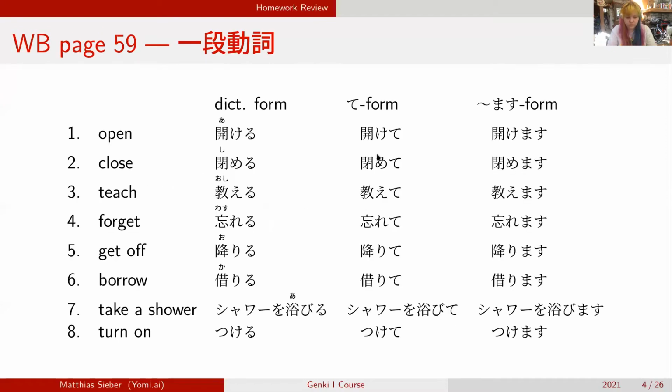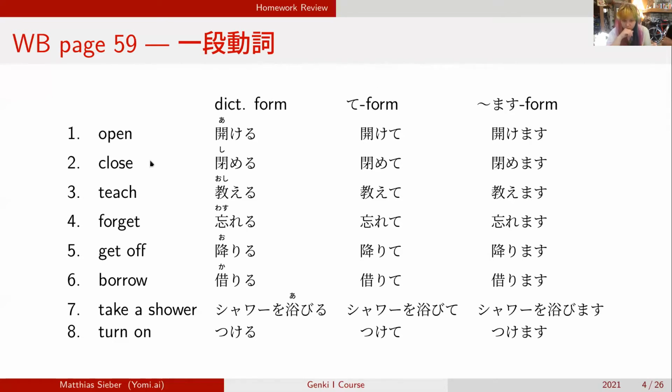Okay. So there was a lot of conjugation practice in the workbook. I'm just going to go over these quickly. You always have time to refer to them later. So let's start with page 59, the Ichidan Doshi, what Genki calls ru verbs.